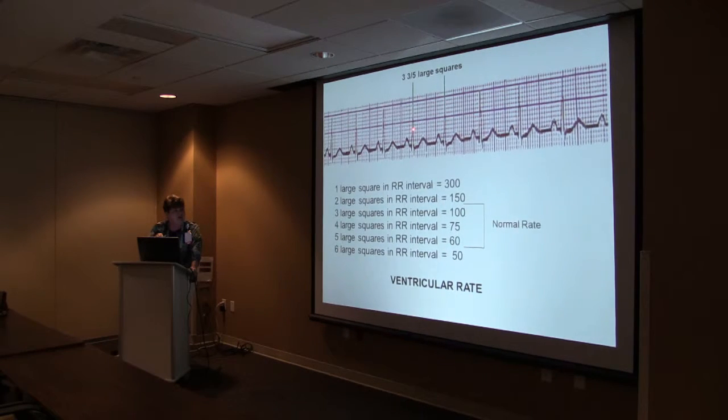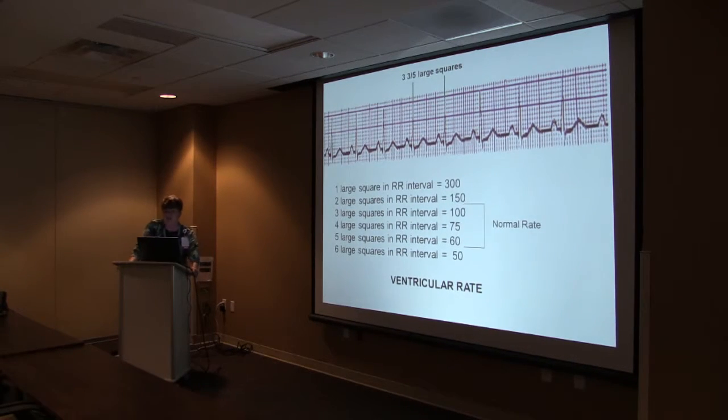Okay, now look at this one. Here's an R wave, here's an R wave. The number of large squares, we've got 1, 2, 3, and then 3 little, so 3 3/5 large squares. So to get the exact, you would divide 300 by 3 3/5. However, you want an approximate because this is only an approximate.